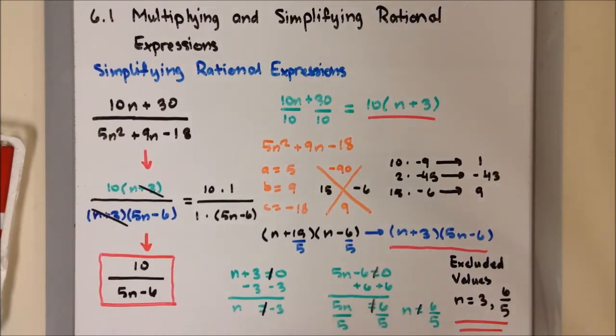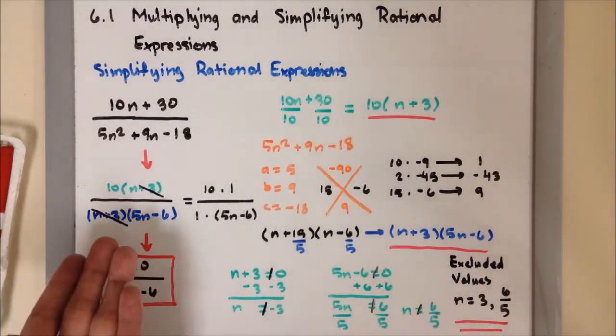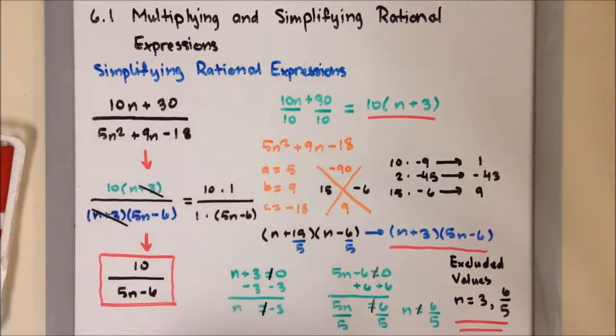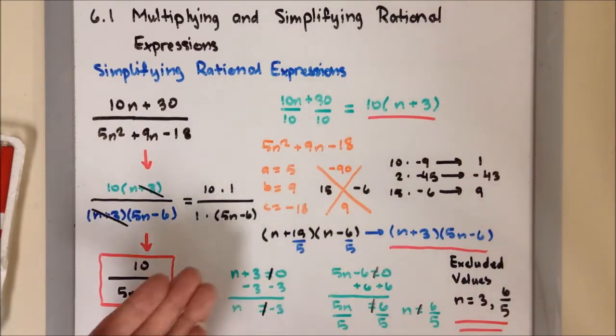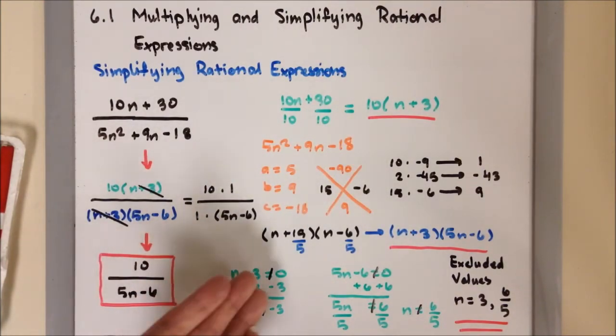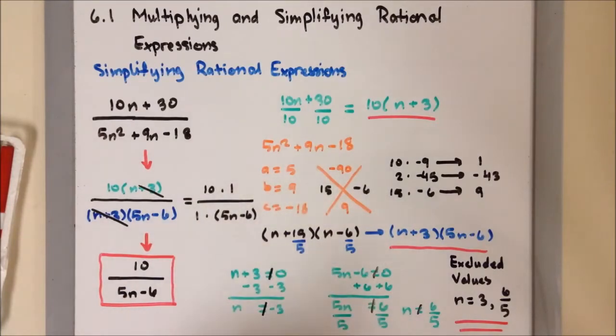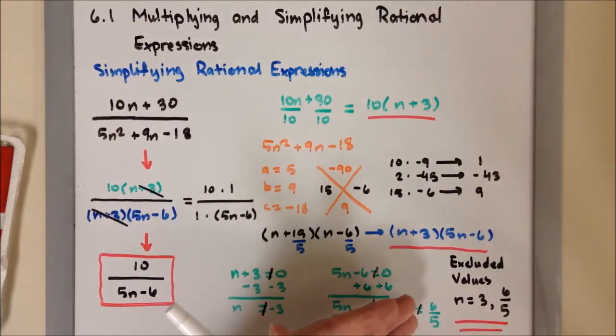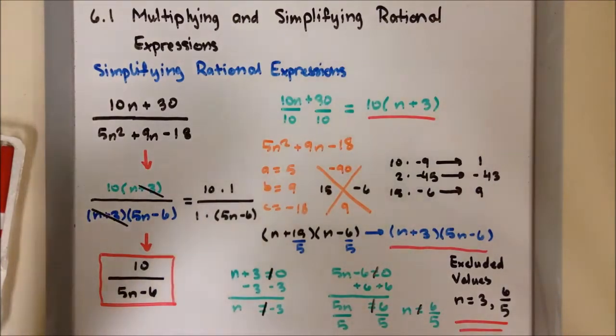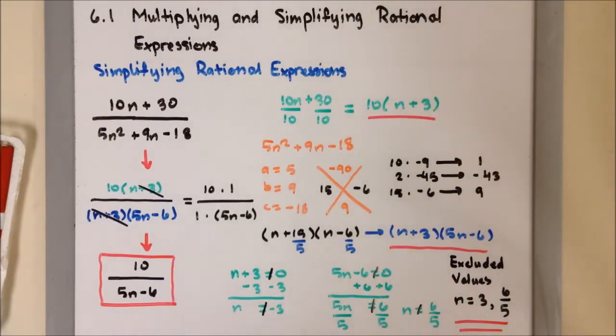But if the question is, what values can the denominator not equal, you still have to simplify by factoring. After you factor, simply write each factor as not equal to 0. And then your answer is n not equal to negative 3 and not equal to 6 over 5. So, be aware of that. Make sure to read the question carefully, and then set up your work according to that question.